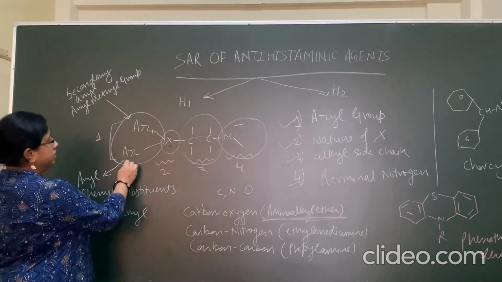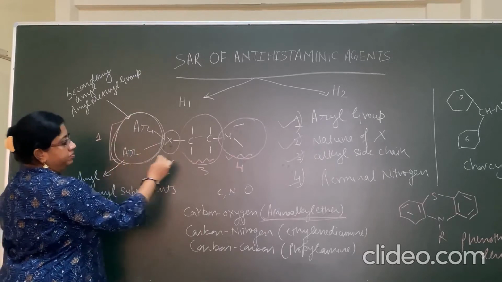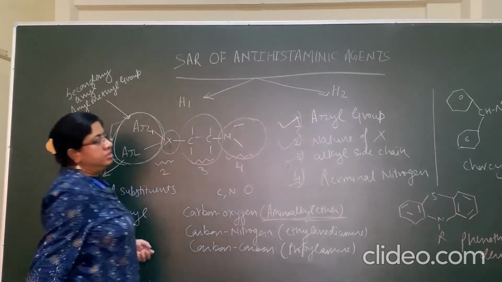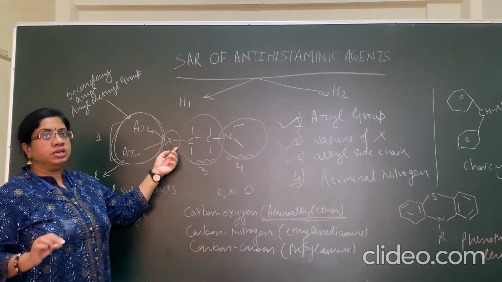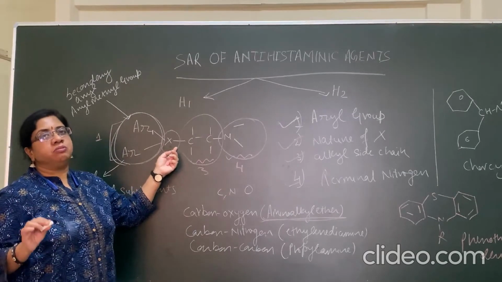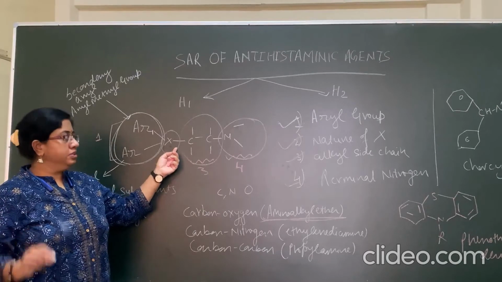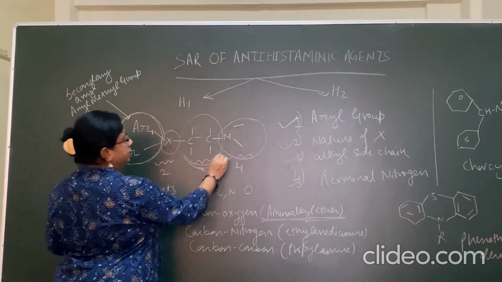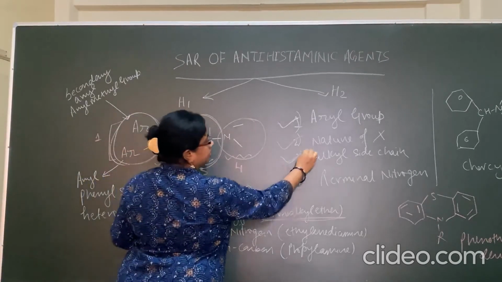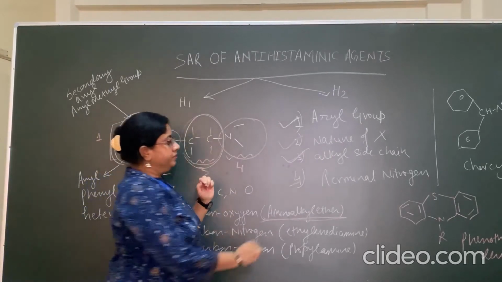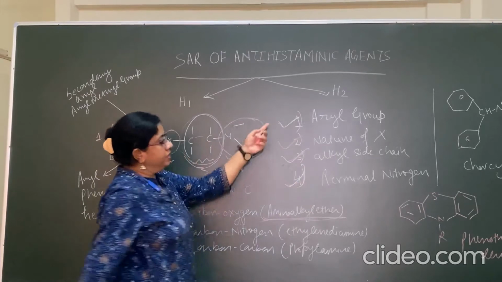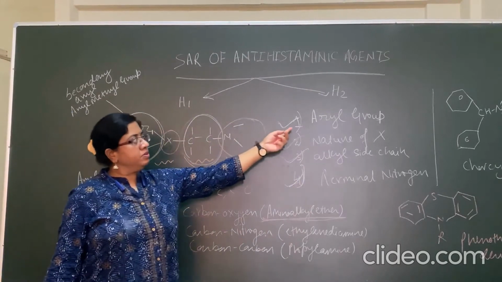One part is the aryl group. Second part is X, which determines the chemical subclassification of H1 receptor antagonist. Third part is the alkyl side chain, and fourth part is the terminal nitrogen. So take one by one. First we will discuss the aryl group.